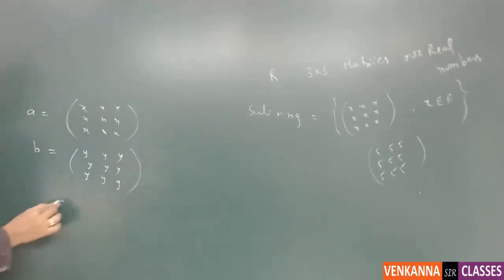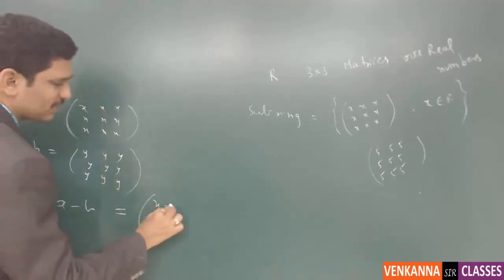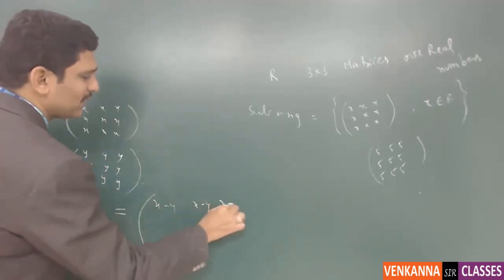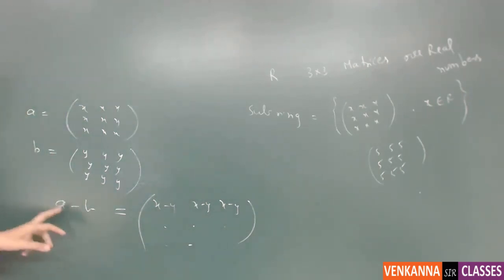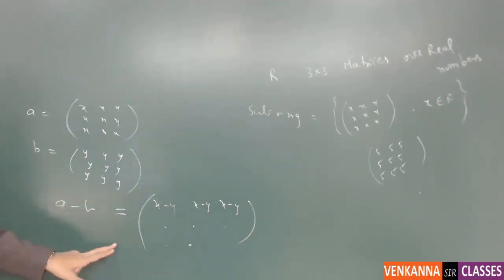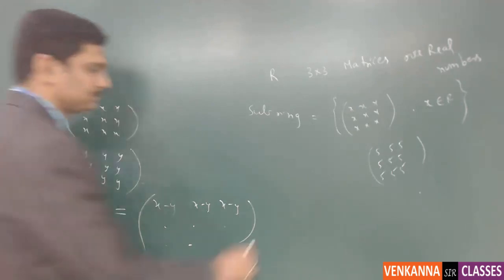If you consider A minus B, all elements will be of the form x minus y, x minus y, x minus y, and so on. So the result also satisfies the same pattern, isn't it? Do you accept or not? Therefore, A minus B will belong to the set S.